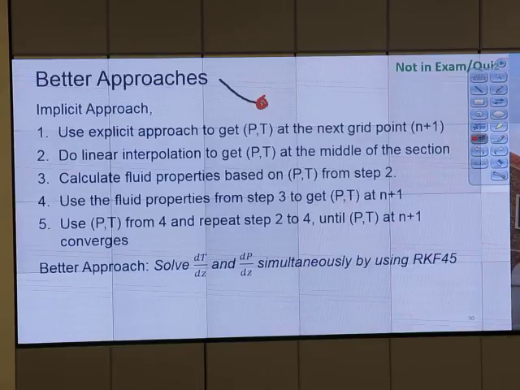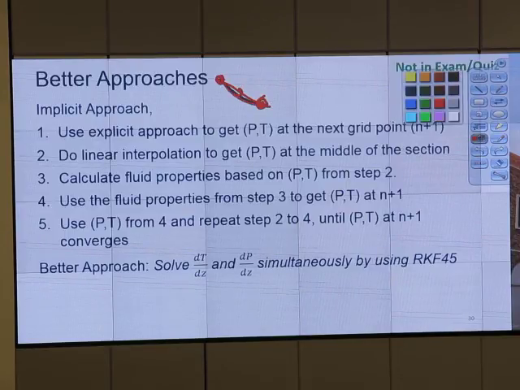Okay? So you have the middle and the initial point. Average it again. So to get the average temperature, use the average temperature to calculate the fluid property at the middle. Use the fluid property at the middle to calculate the profile again. Then you will get the new point. After the third iteration, you get the new point.